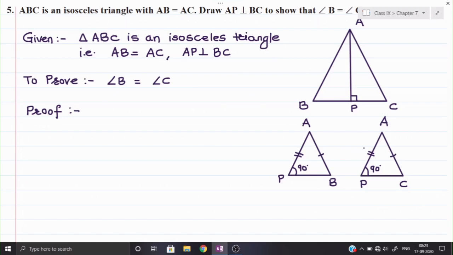That 90 degree angle should come between the sides AP and AB, and similarly AP and AC. So that angle is not included over there, therefore the side angle side theorem is not applicable. So the relevant theorem is the RHS theorem, that we shall apply. Okay, so let us see how we can solve this question further.